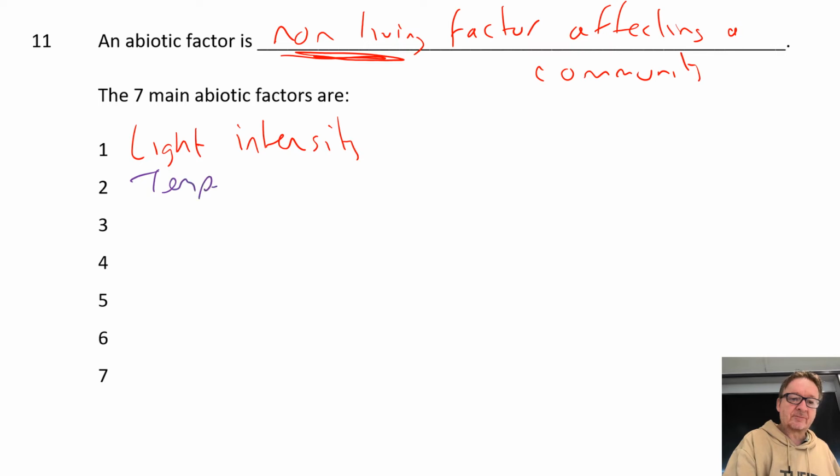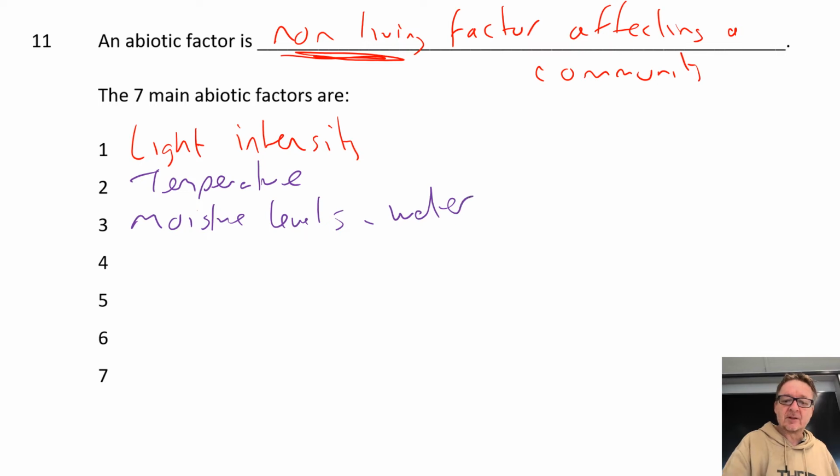Temperature, moisture levels, right, which could, I suppose, be amount of water. Soil pH, that's obviously to do with plants. Wind intensity and direction.